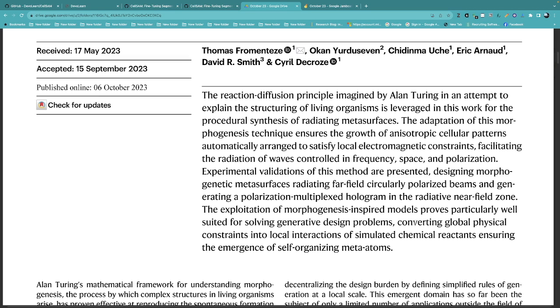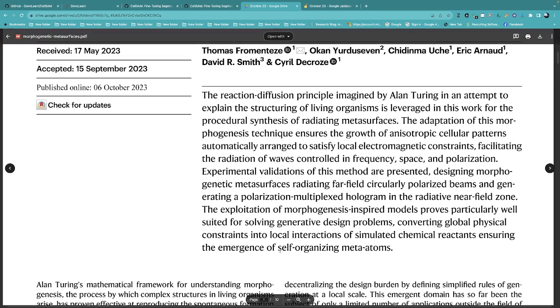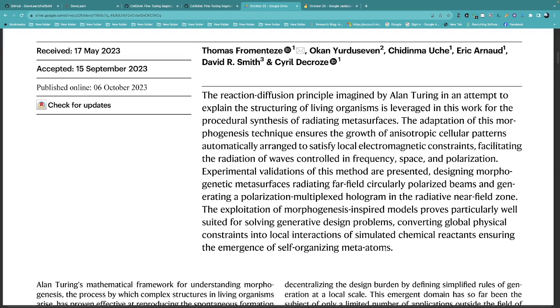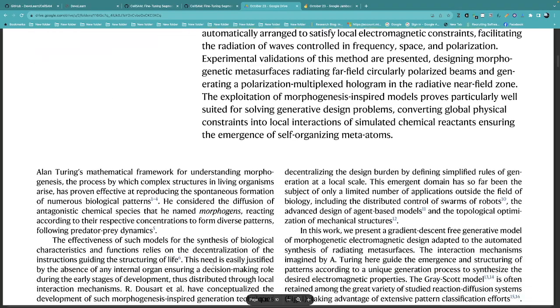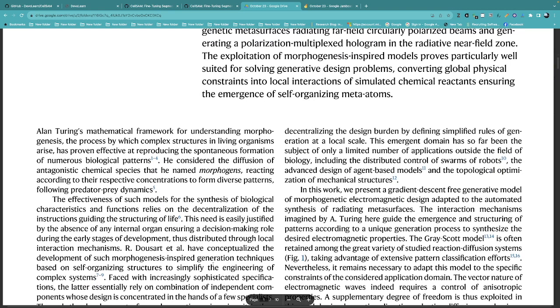We also want to convert global physical constraints into local interactions of simulated chemical reactants, ensuring the emergence of self-organizing meta-atoms. So, of course, we can use reaction diffusion as it was sort of intended, as a chemical design mechanism or as a chemical self-organizing principle. Now, of course, Alan Turing created this mathematical framework.